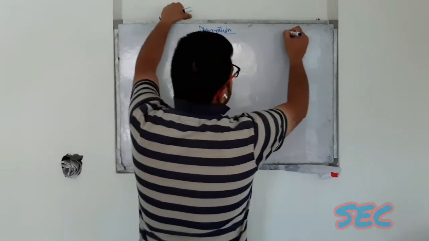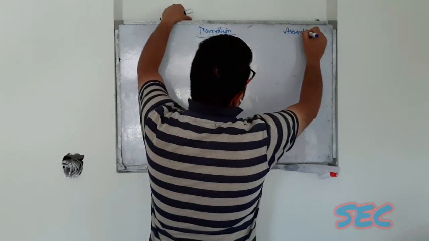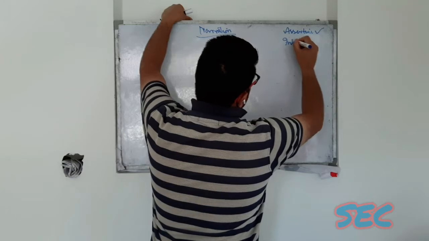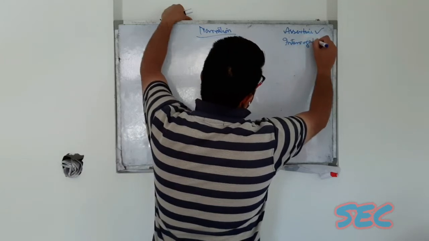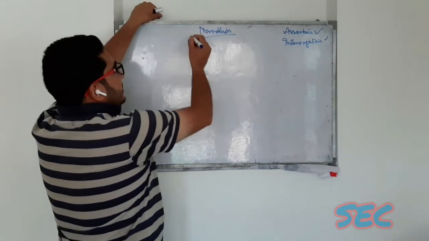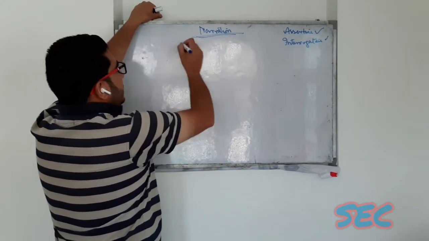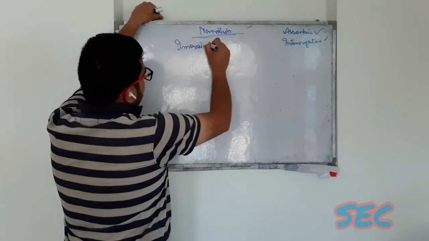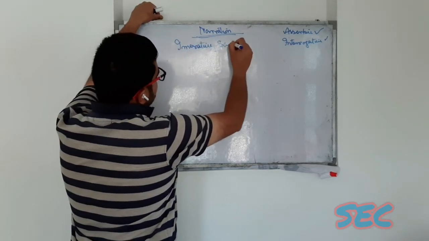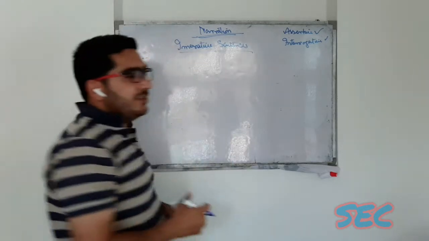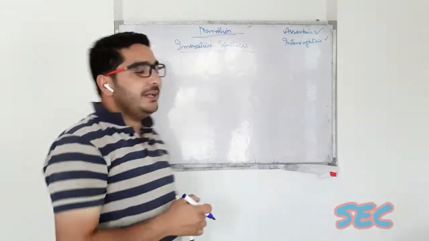See, assertive sentences we discussed, then interrogative we also discussed. So in this lecture today we'll start with imperative sentences. How imperative sentences are changed from direct speech into indirect speech.